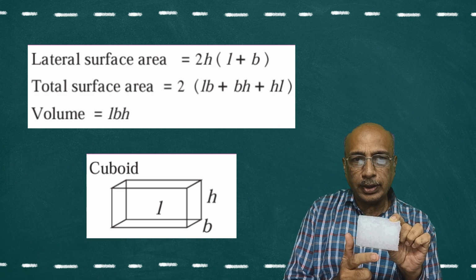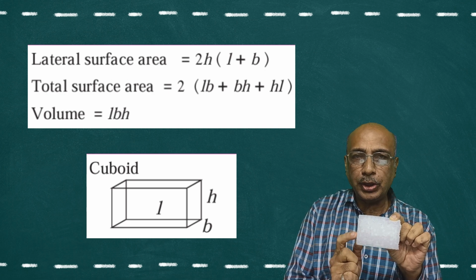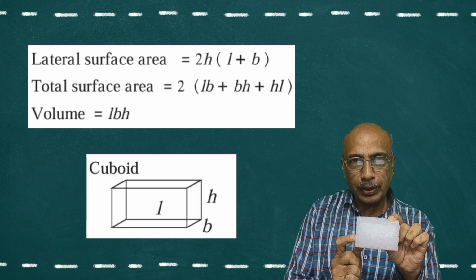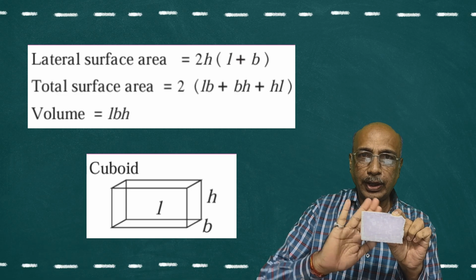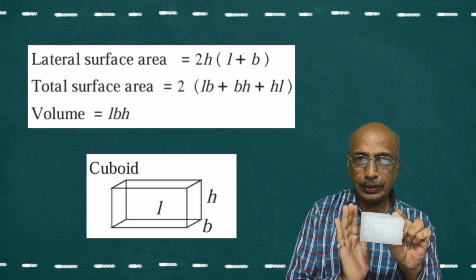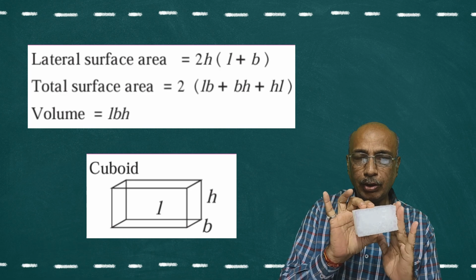So lateral surface area will be 2h into L plus B as shown on the screen. This is lateral, again I repeat, we can call it as vertical surface area like this. Got it clear? All four sides vertical.